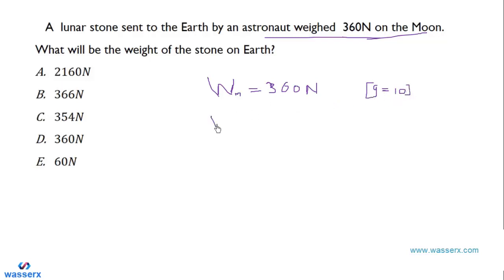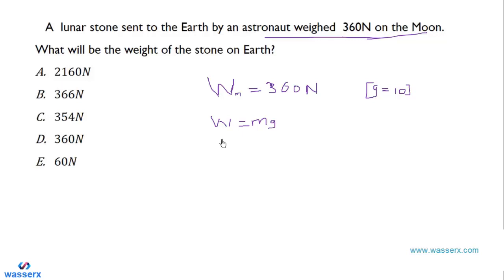our weight, which is equal to mass times acceleration due to gravity, should be equal to this. We need to look for the mass of the stone on the Moon, which is the same as the mass on Earth.